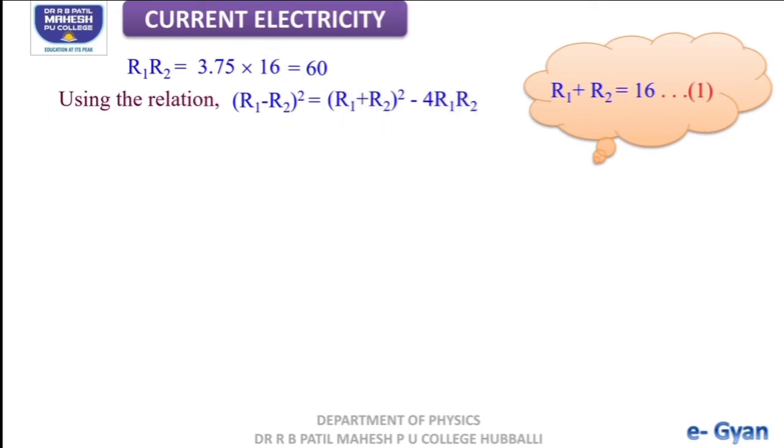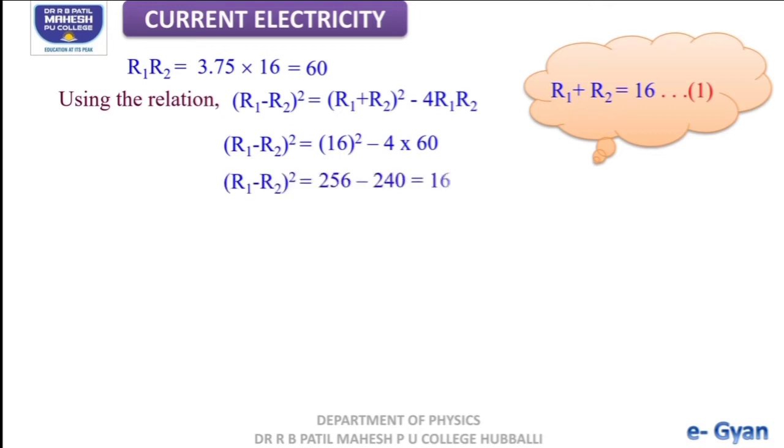Putting these two values, we get 16 whole square minus 4 into 60, that is equal to 256 minus 240, which is equal to 16. Taking square root on both sides, we get R1 minus R2 is equal to 4. Let this equation be 2.